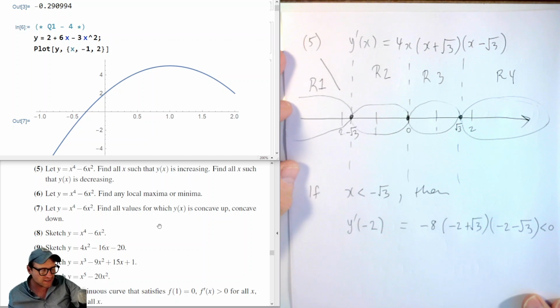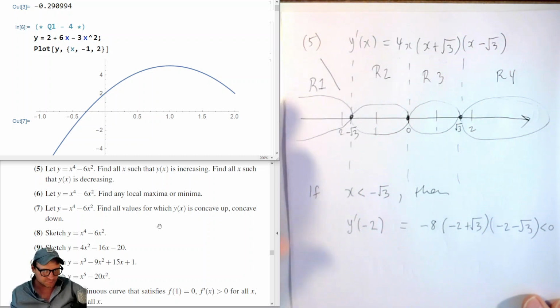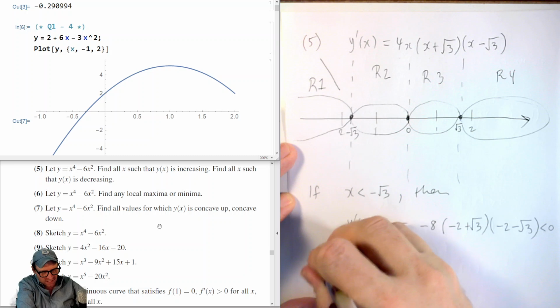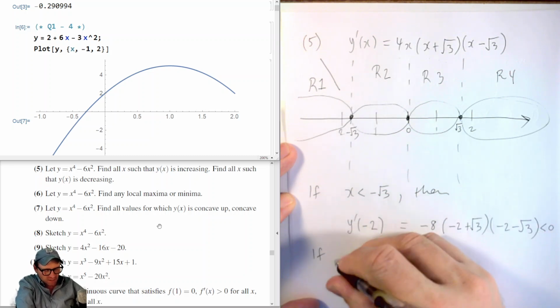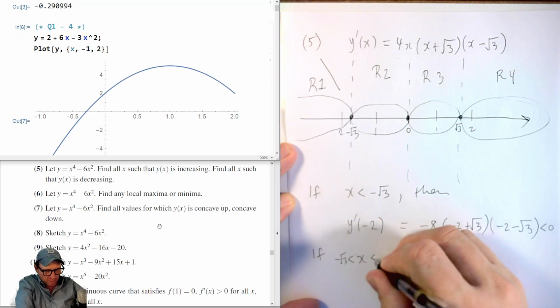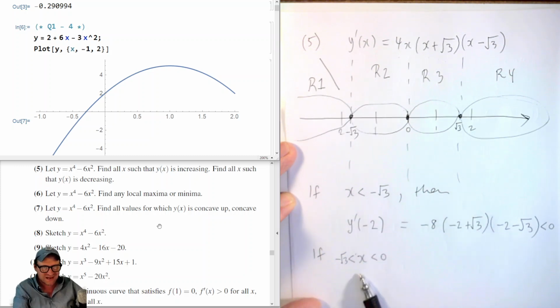Now what about in region 2? Let's say x is greater than minus root 3 but less than 0, so x is negative but greater than minus root 3.